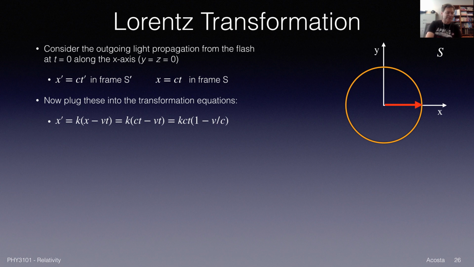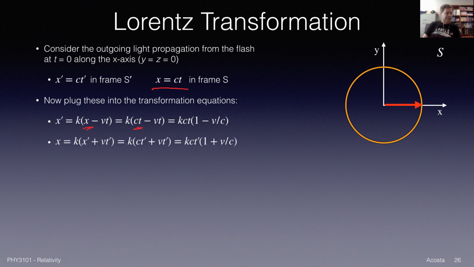Without the markings now. But okay, so we have k(ct minus vt). Pull out the c and the t. But I pulled out one too many c's, so that's why I've divided by c over here. All right, so just to recap, we took x equals ct. We plugged it into this x here, and that's the ct there.